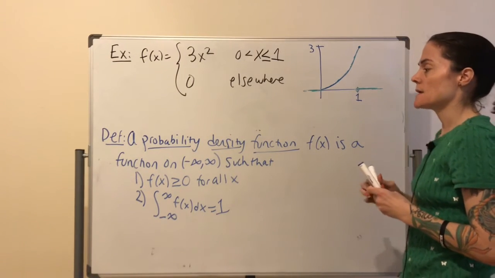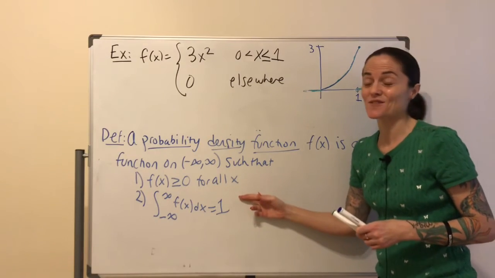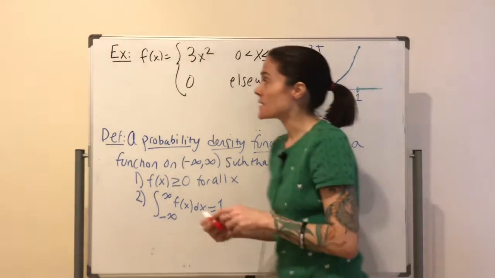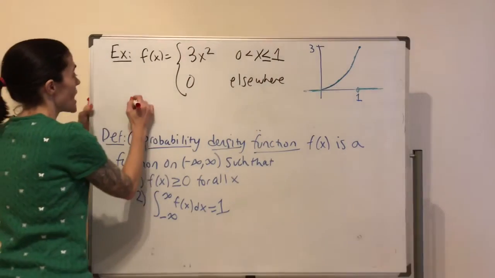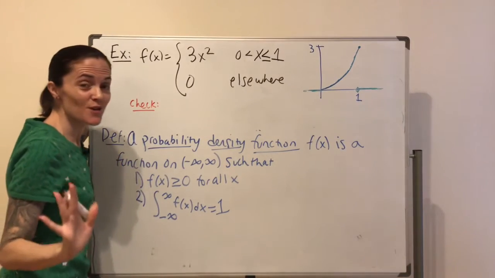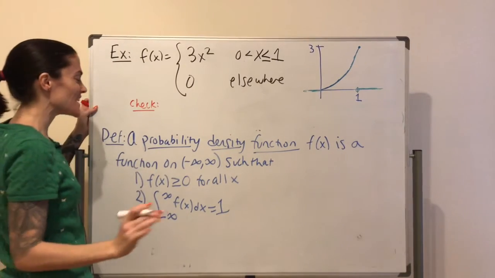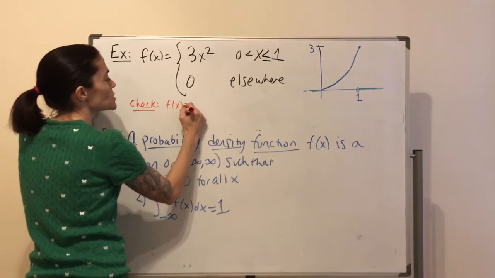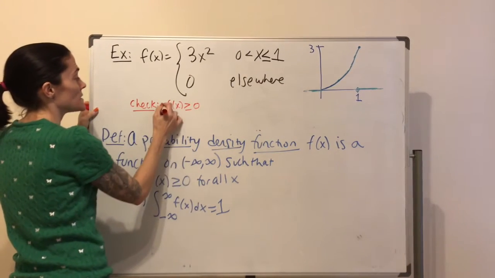This certainly satisfies that the function is greater than or equal to 0 on the whole real line. And then we can check, I'll check in red, these two conditions to show you that this is a probability density function. Certainly f of x, as I just mentioned, is greater than or equal to 0. That's the first one.